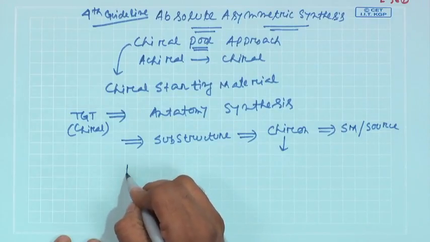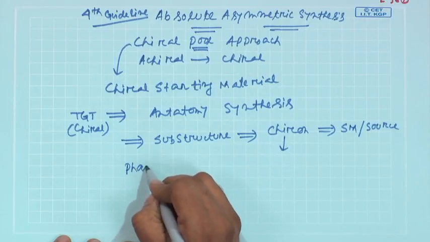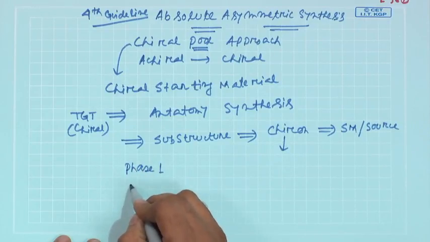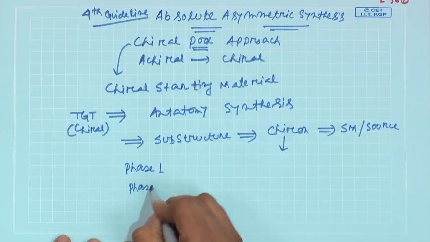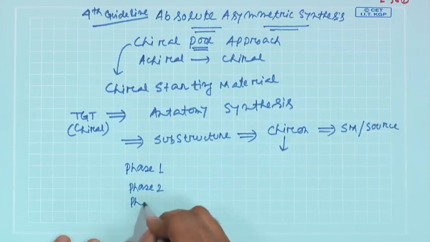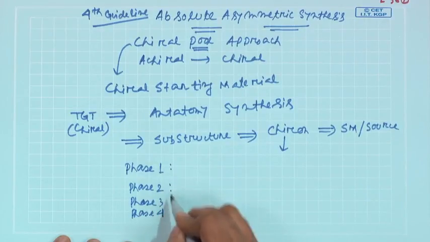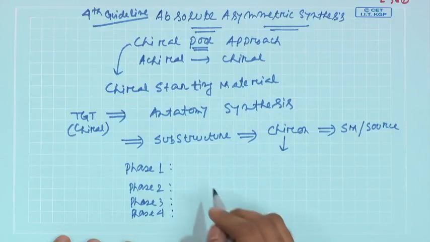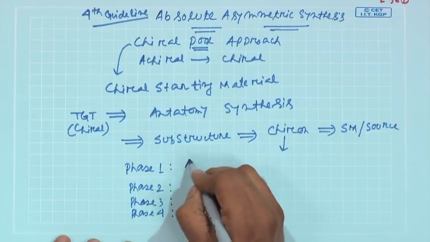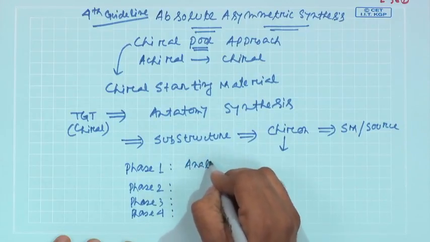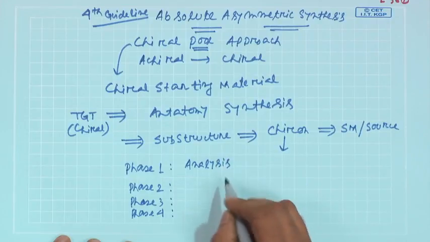In principle, this chiral pool approach follows 4 different phases or pathways: phase 1, phase 2, phase 3 and phase 4. So, what exactly is each phase? The first one, we do the analysis of how this target can be constructed.